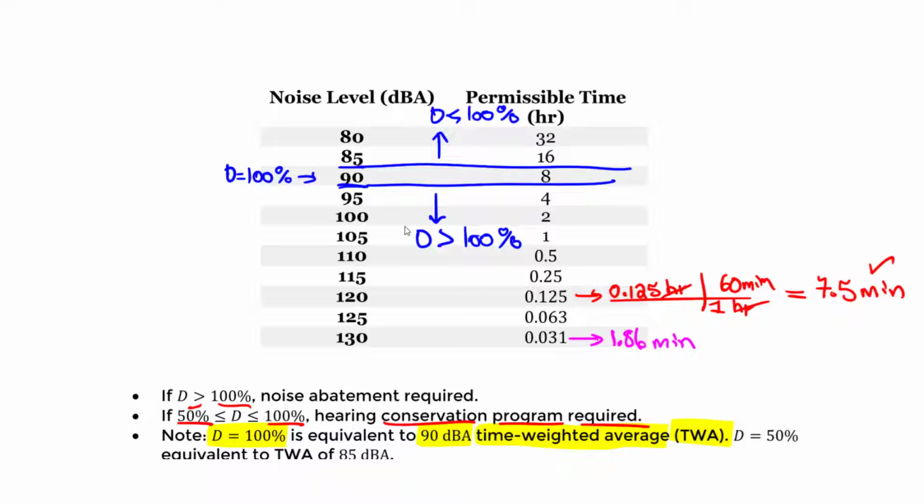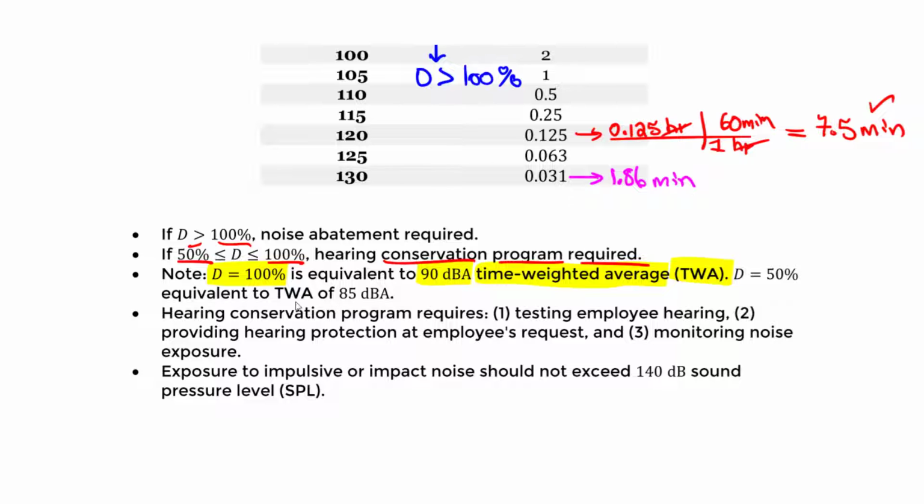The biggest thing is that 90 is the level we start from, and that 90 occurs for 8 hours. So anything less than 90 is going to be less than 100%, and anything above 90 is going to be above 100%. That's what they're talking about in that regard.